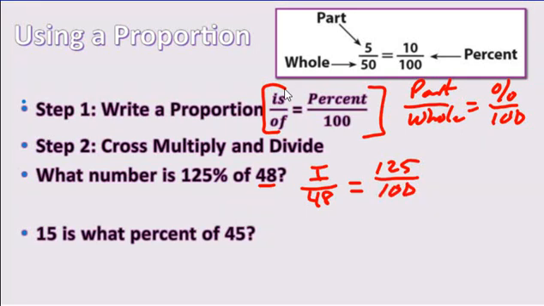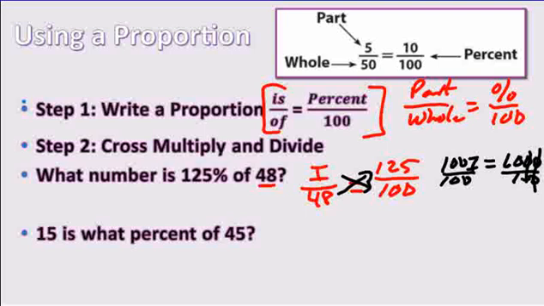And now we can simplify this by using cross products. Multiply across, so that's 100i equals 125 times 48, which gives us 6,000. Get i by itself, divide by 100. Zeros at the end cancel out. So now I have i equals 60.